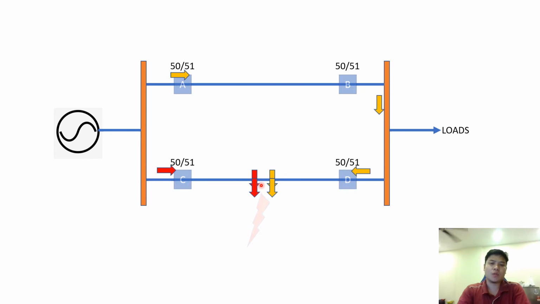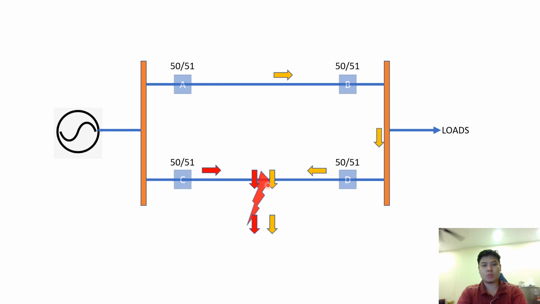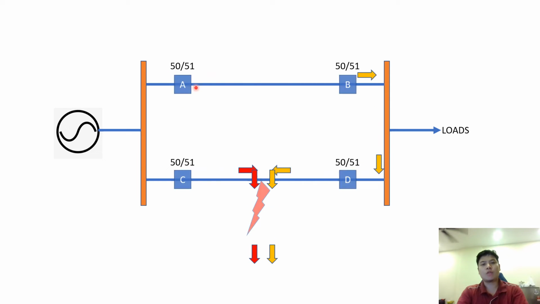So what we need to do is ensure that even though these two lines are experiencing fault current flowing through them, one of the lines is still intact. When the fault current is flowing, all of the relays at points A, B, C, and D are picking up the fault current.